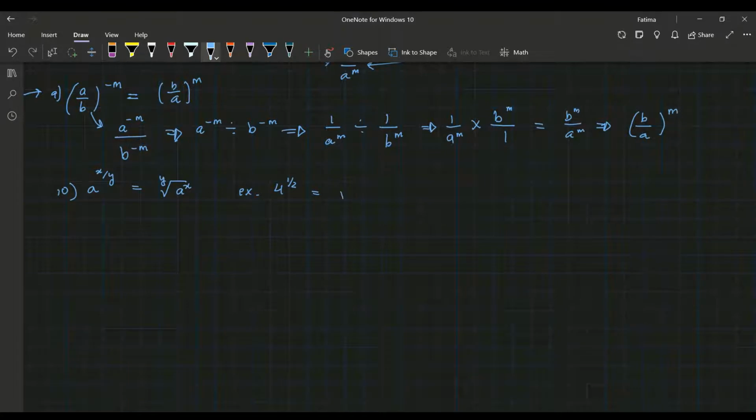That would be root with 4 raised to 1, and the root would be 2 because the denominator here is 2. Now another example, if we were given 24 to the power 3 by 8, this would mean 24 would be inside the root. 24 would be cubed because the numerator is 3 and the root would be 8.